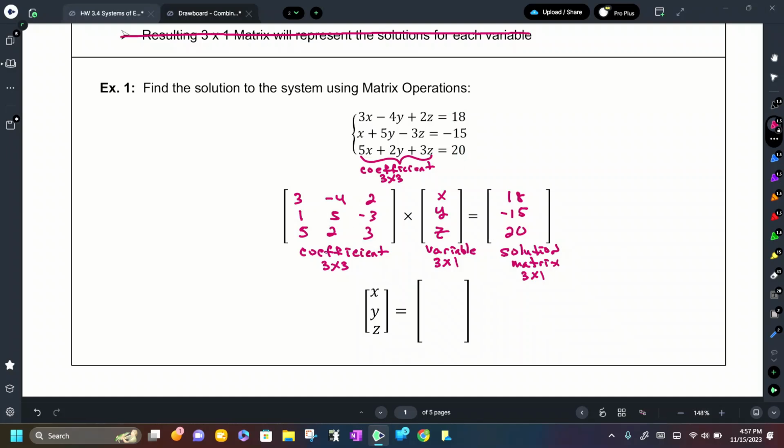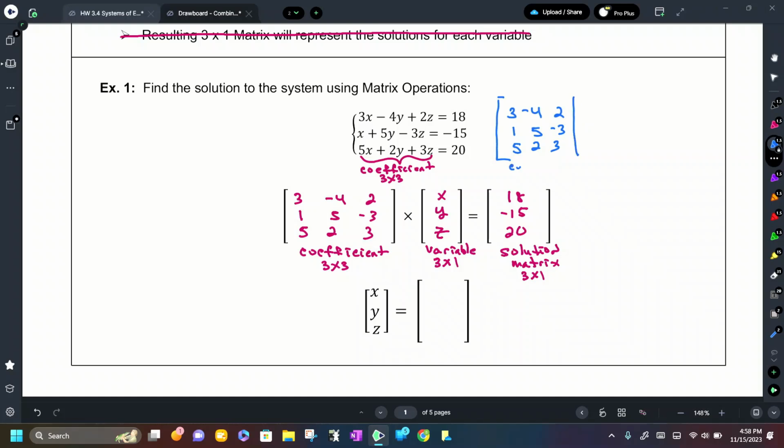We're going to take our coefficient matrix: 3, negative 4, 2, 1, 5, negative 3, 5, 2, 3, and put a little bracket right there. Instead of a bracket on the other side, we're going to put a straight line.